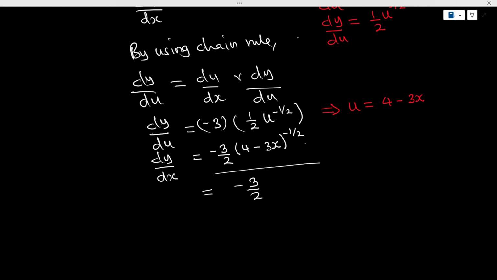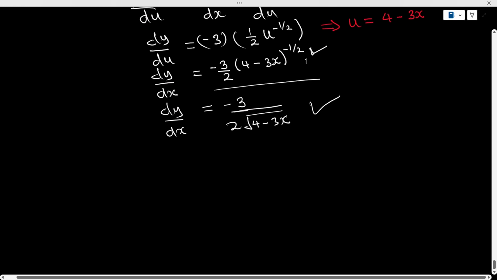It will be negative 3 over 2 square root of 4 minus 3x. Don't forget to put the negative. So both of these answers are correct. This one is correct, and this one here is also correct.